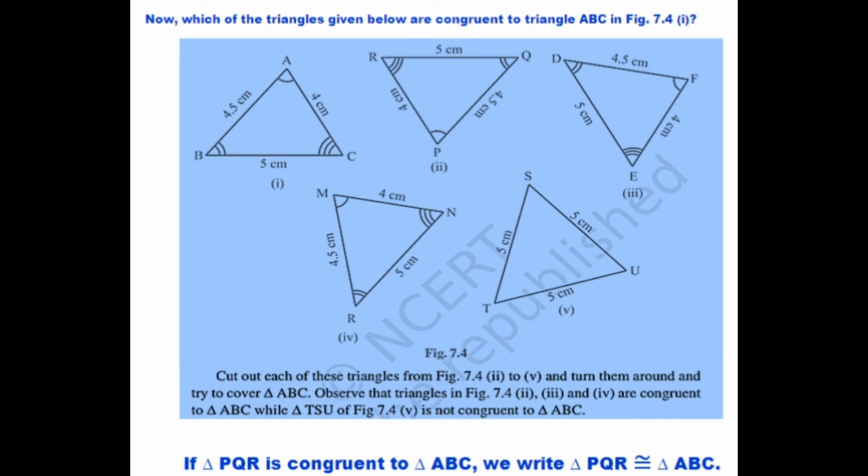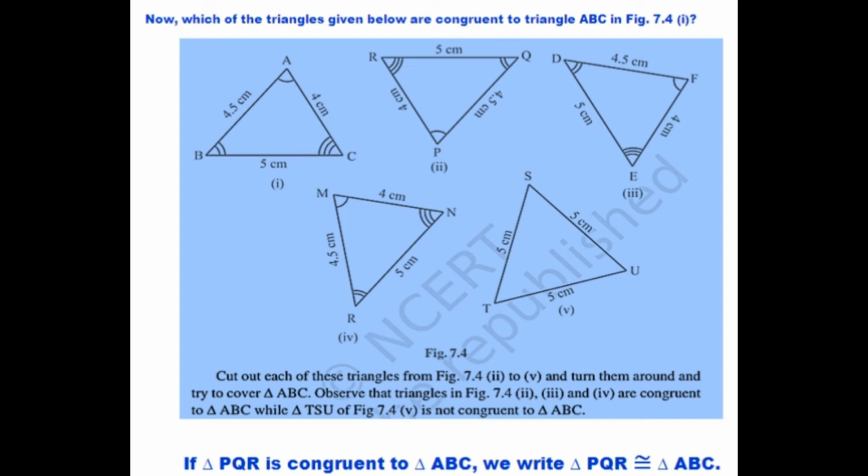In the second figure you see triangle PQR having the same sides, 4.5, 4 and 5. Also in the third figure, triangle DEF has the same lengths, 4.5, 4, 5. In the same way the fourth one also, but the fifth one is somehow different.